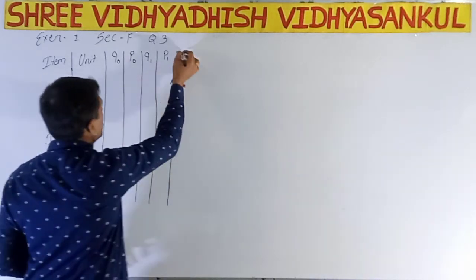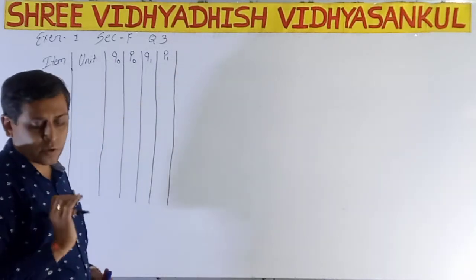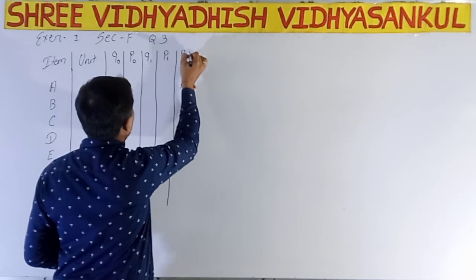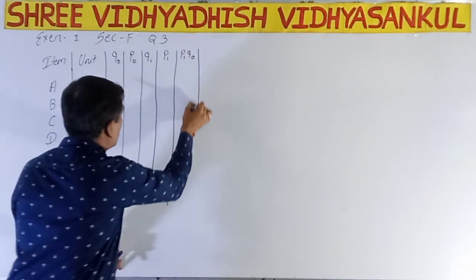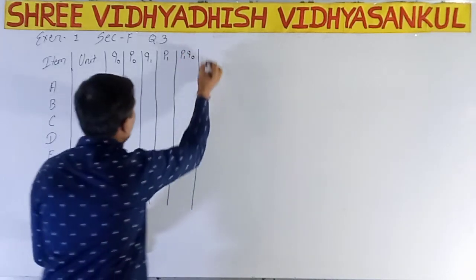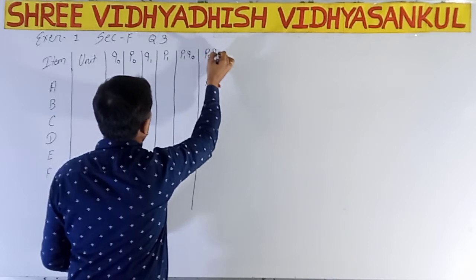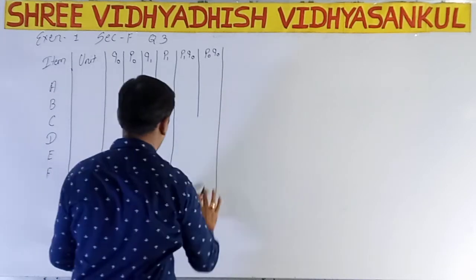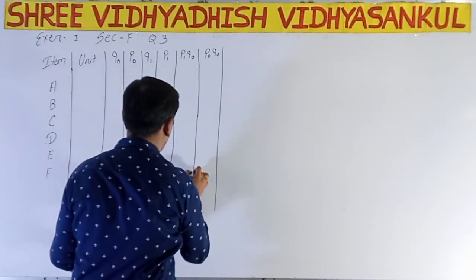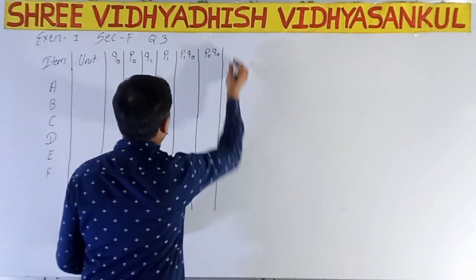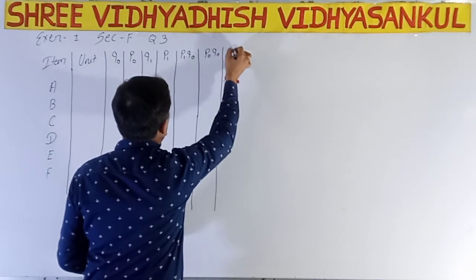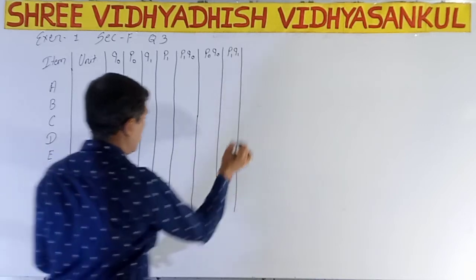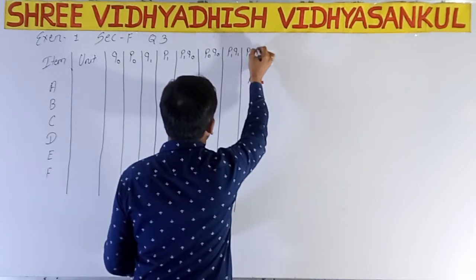Now the multiplication of these four, that means here we have to find out the Fisher index number. That's why P1 Q0, then P0 Q0, then P1 Q1, and then P0 Q1.